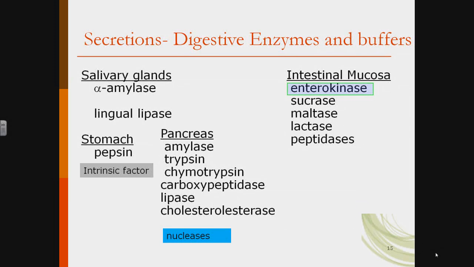If it could speak to you, it would say, hey, you don't want these enzymes activated unless I detect food here. So sensory cells will signal the release of enterokinase if they detect food. Once enterokinase is there, then the pancreatic enzymes can be activated, once and only if food is present.